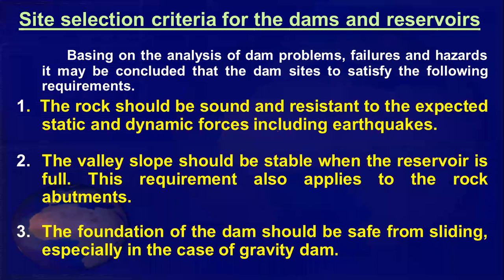So when the mountains are there alongside the river, for such a site, the valley is preferred because the valley will also give you one more advantage, that is the length of wall for the valley is less, because whenever the valley is there, the V shape will be there, and for that V shape your cost of construction of the dam wall will get saved. So this is the advantage of the valley side.